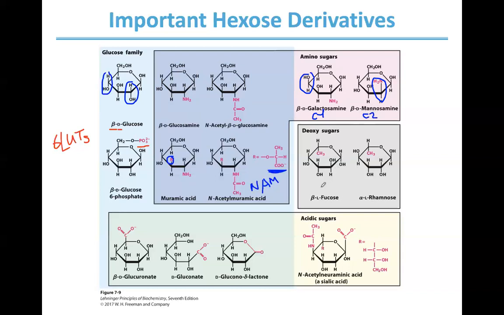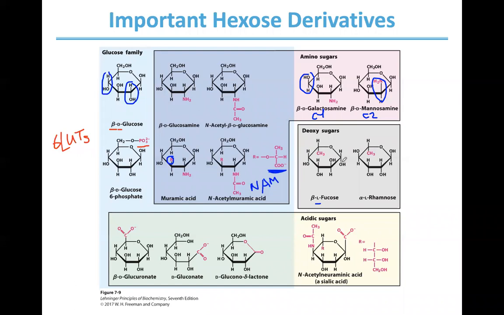All right, deoxy sugars. Now remember these ones are L sugars, right? So you can see here the carbon 6 position, CH3, it's deoxy, right? So there's no hydroxy group here, but it is down, which means that it's an L sugar, and it's beta.